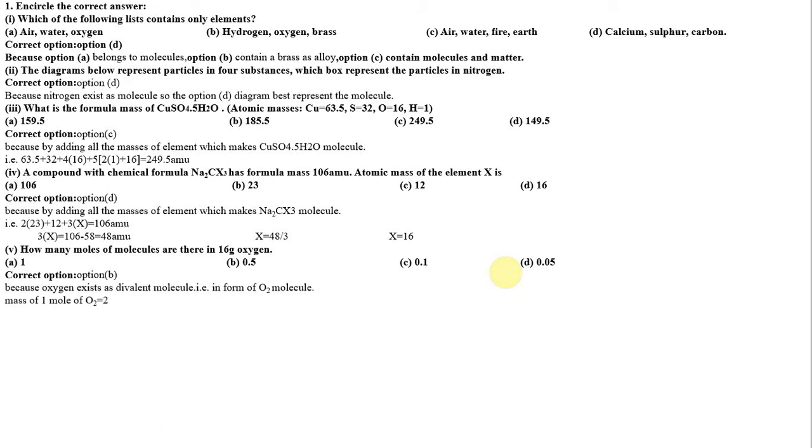Mass of 1 mole of O2 is equal to 2 into 16, is equal to 32 gram. Mass of half mole of O2 is equal to 32 gram divided by 2, equal to 16 gram.